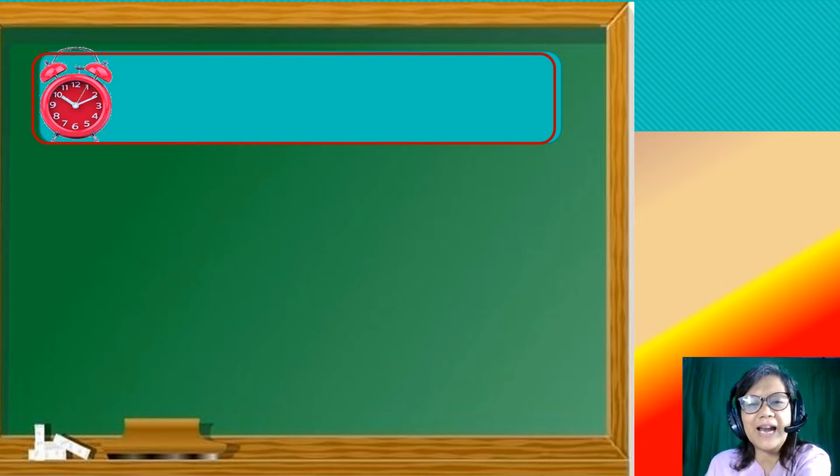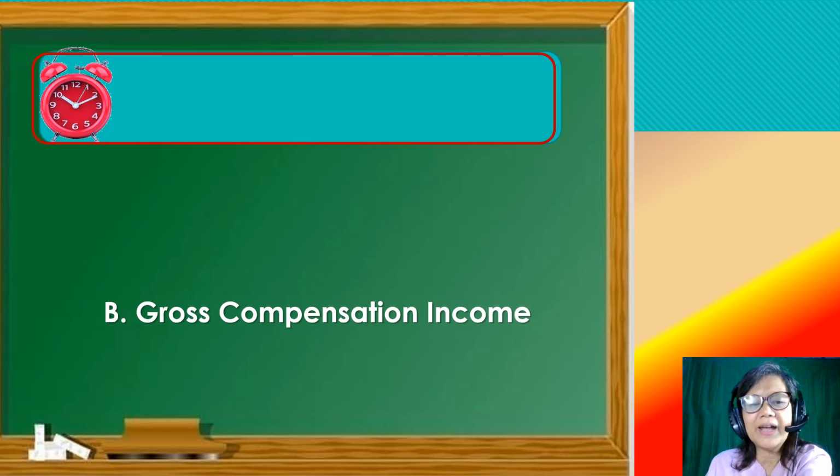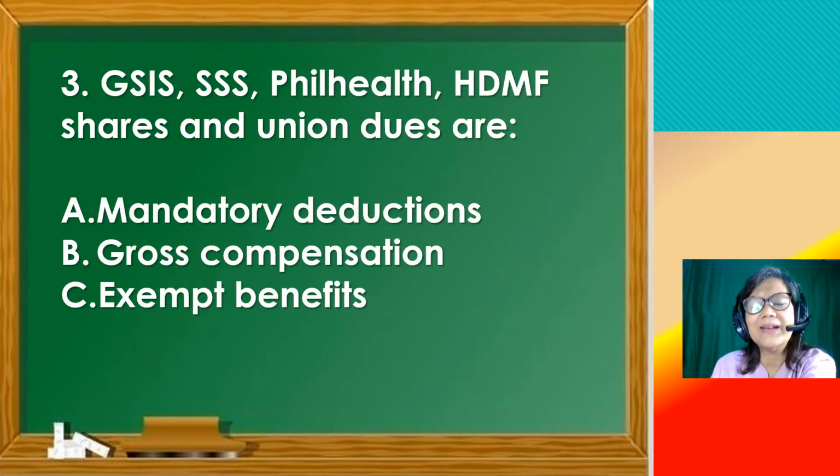What's your answer, class? Your answer should be letter B, gross compensation income.